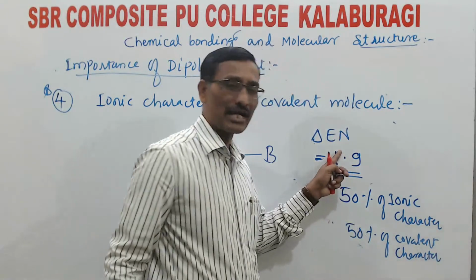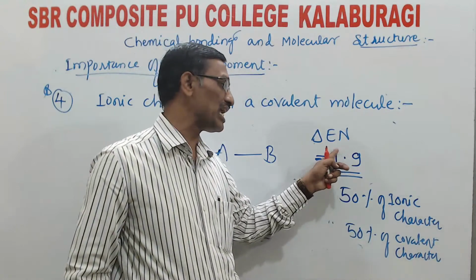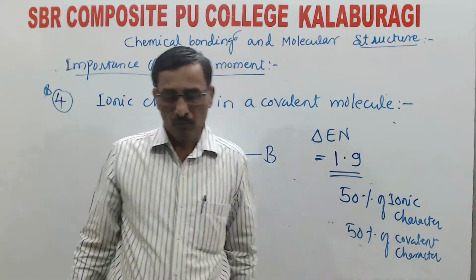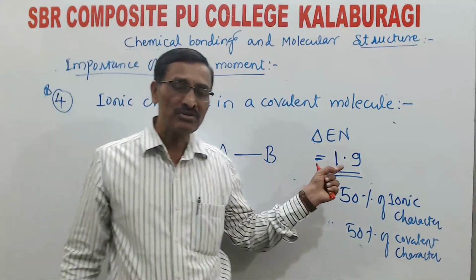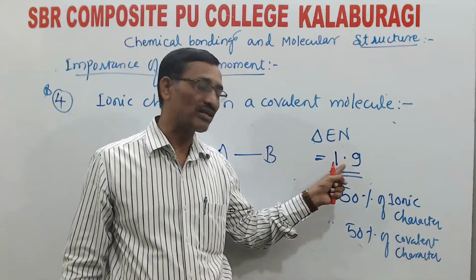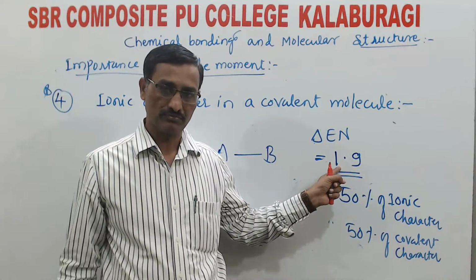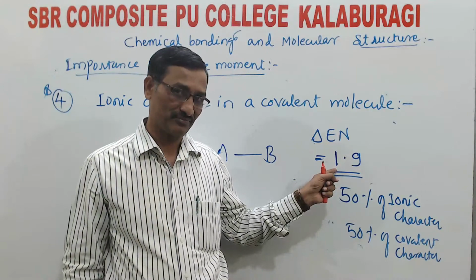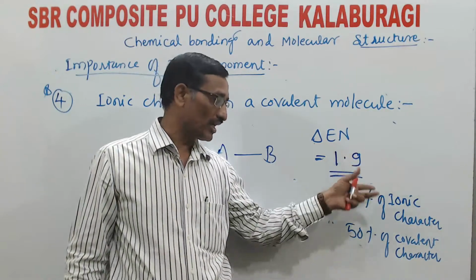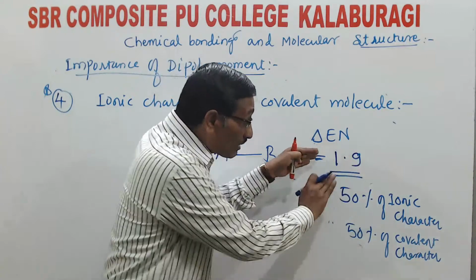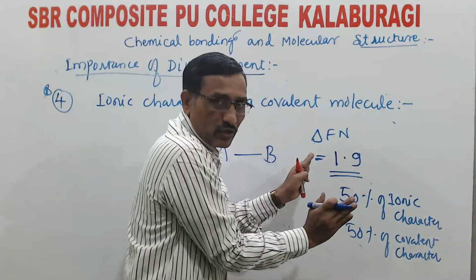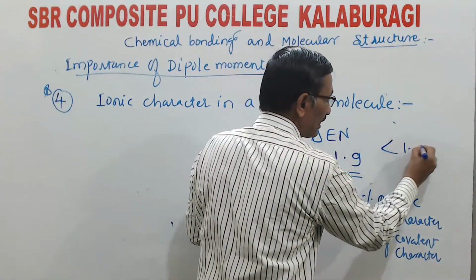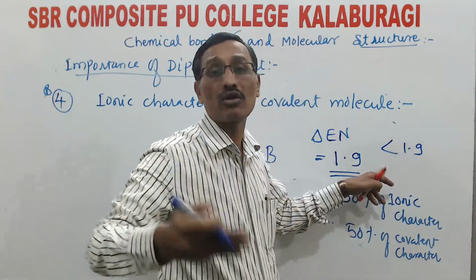When the electronegativity difference between the two combining atoms is 1.9. Most of the students know that in some textbooks it's not given 1.9, it is given 1.7 also. Don't worry about the data. I have taken 1.9 as the value. If it is less than 1.9, what do we predict?